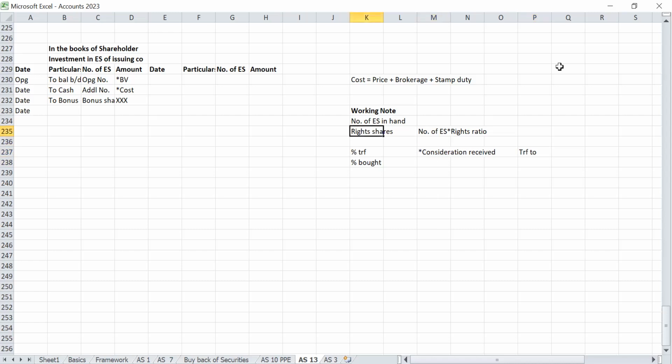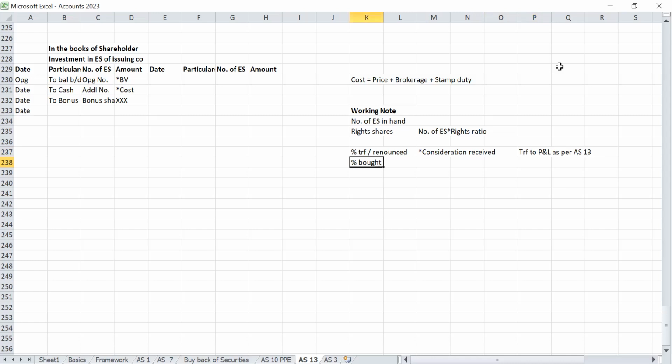Some portion of rights shares will be renounced or transferred. Correct? Yeah. At that time you will get some consideration. That consideration will be transferred to the P&L account as per AS 30, accounting for investment.